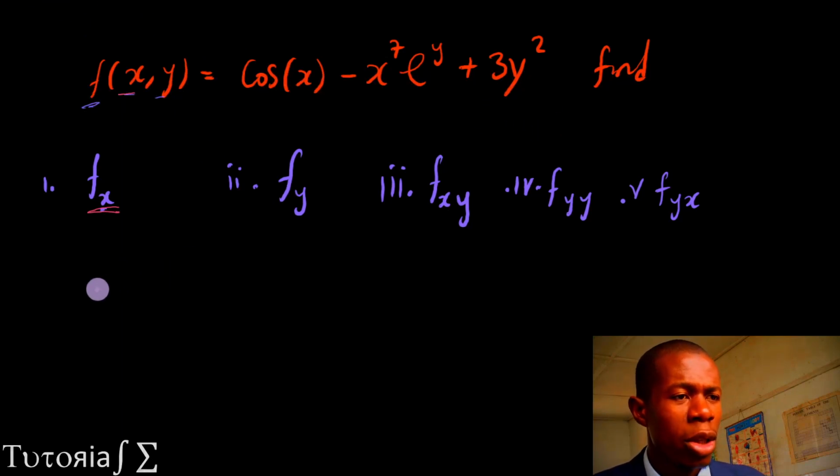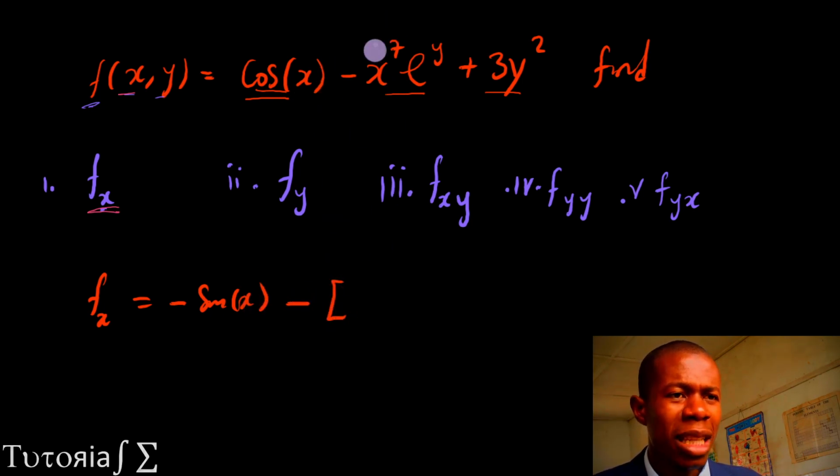So we'll say f with respect to x: we're differentiating this part with respect to x, this part with respect to x, this part with respect to x. When we differentiate cos x, this will be negative sine x. So here we have a minus.